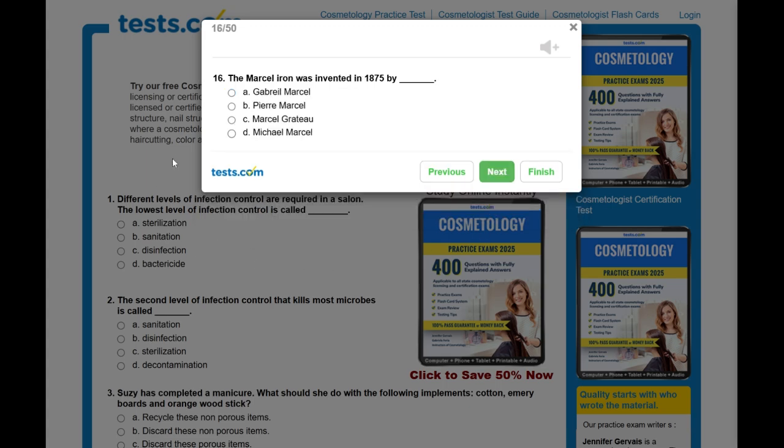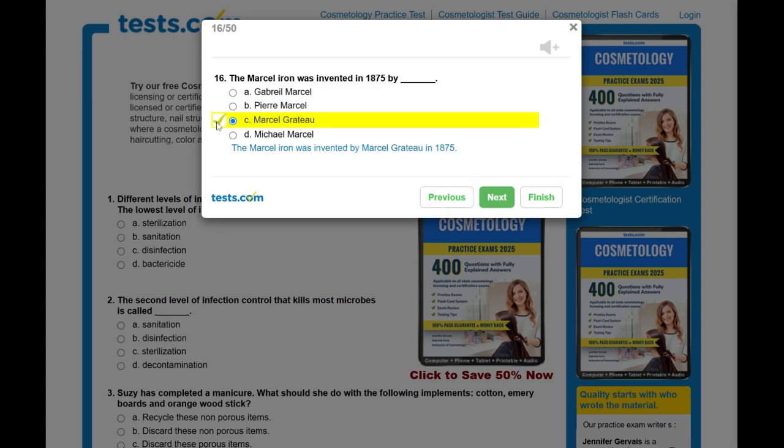Question 16. The Marcel iron was invented in 1875 by A. Gabriel Marcel. B. Pierre Marcel. C. Marcel Gratteau. D. Michael Marcel. C. Marcel Gratteau. The Marcel iron was invented by Marcel Gratteau in 1875.